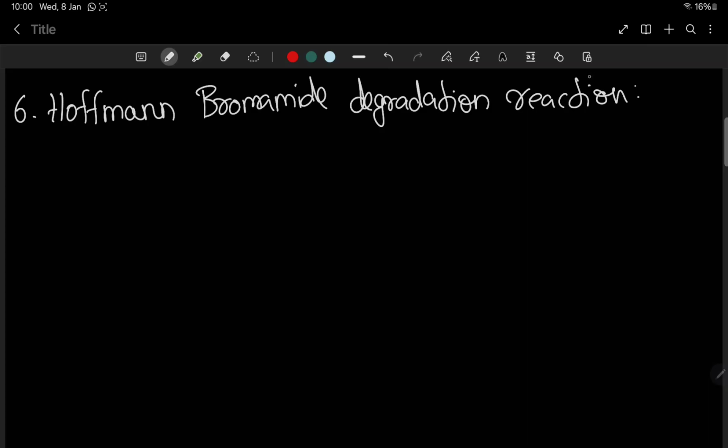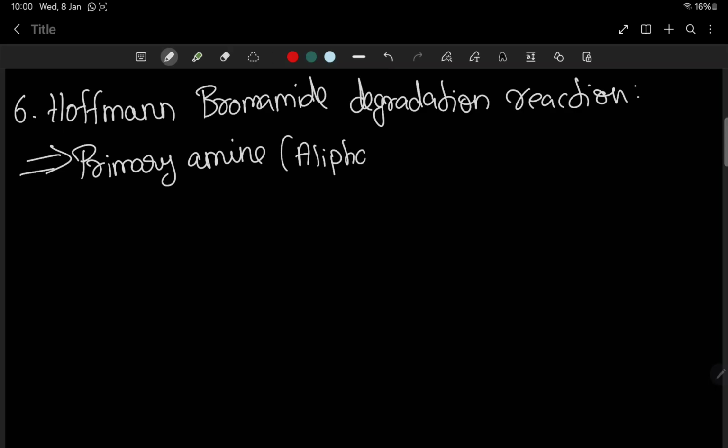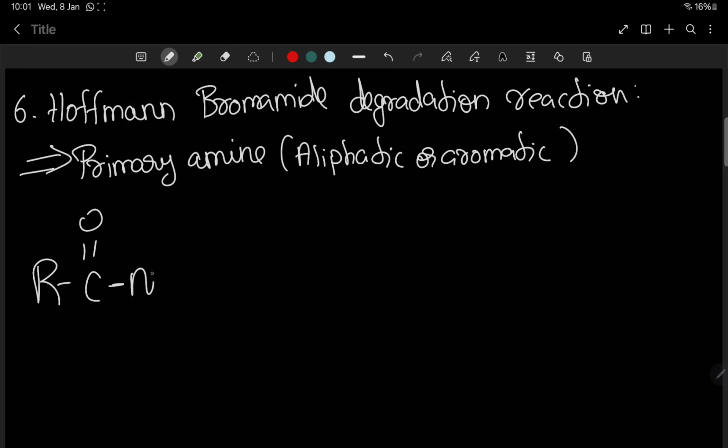This method is also used for preparation of primary amine. Aliphatic and aromatic, both can be prepared, no problem. Primary amine only can be prepared. The reaction is that we take the corresponding amide as our reactant and add Br2 plus 4 NaOH.